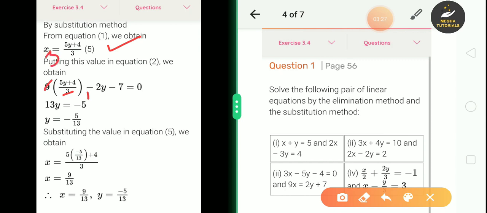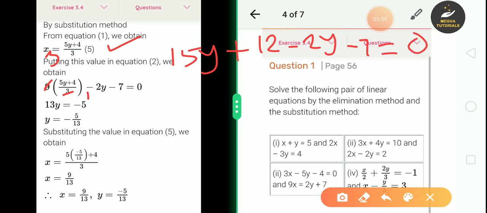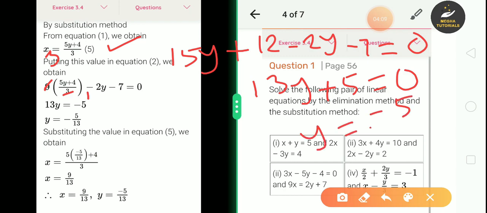Multiply 3 to the bracket, so 3 5s are 15y plus 12 minus 2y minus 7 is equal to 0. So after solving we'll get 15y minus 2y is 13y and plus 12 minus 7 is plus 5, equal to 0. So y will be minus 5 upon 13. Okay, it means this value.